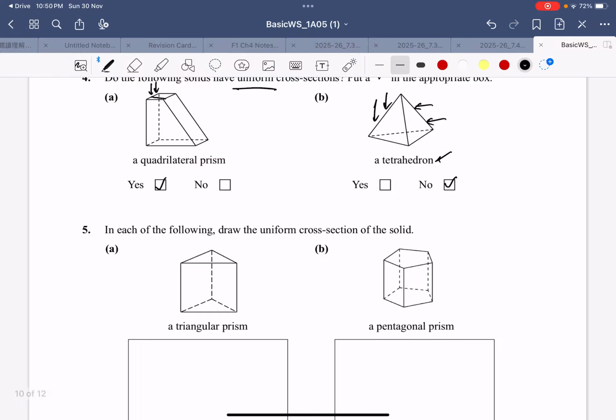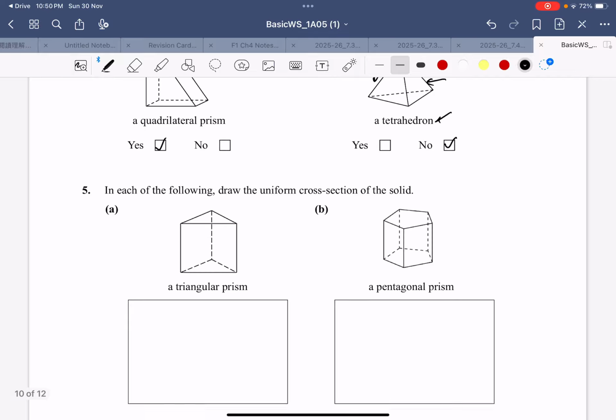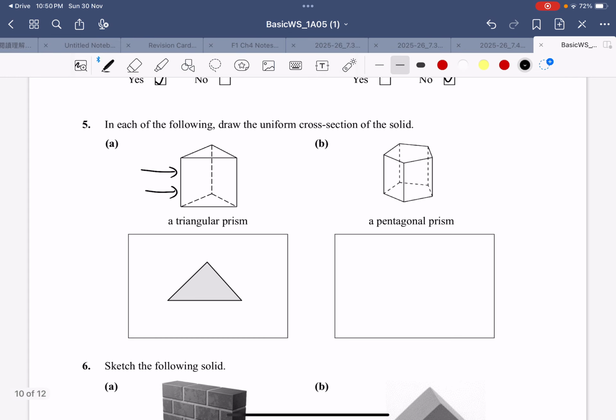Okay, imagine how to have uniform cross section of the solid. You cut it here or here. You will obtain the same triangle like this. Okay, and a pentagonal prism, cut it here, cut it here, you will have the same 5-sided polygon.